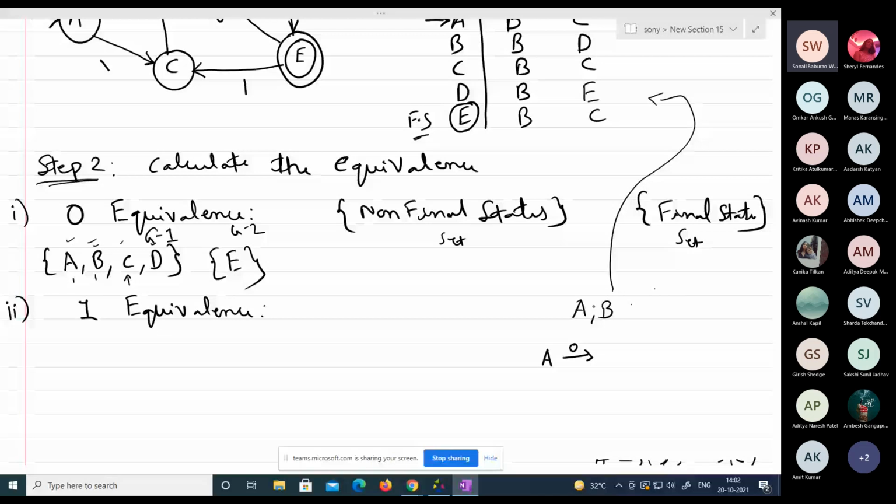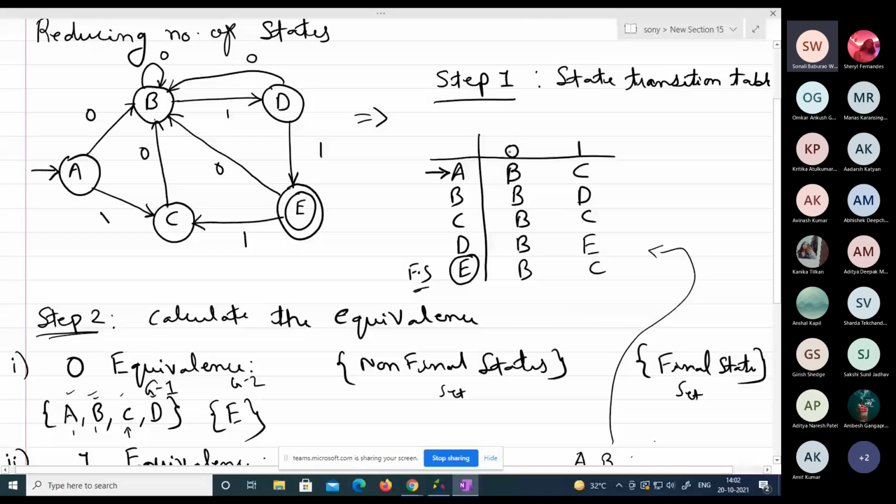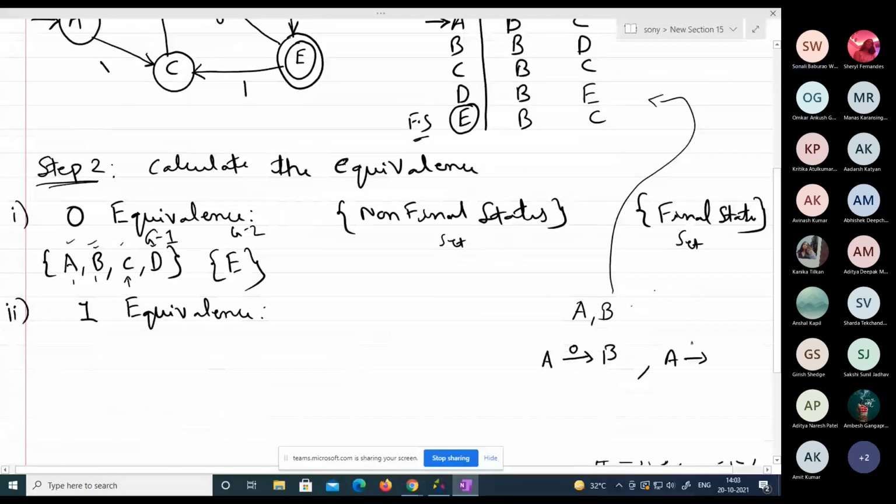Now tell me, A gives 0 to B, right? Write that value. A gives 0 to B, and A gives 1 to C, right? So I'll write that.